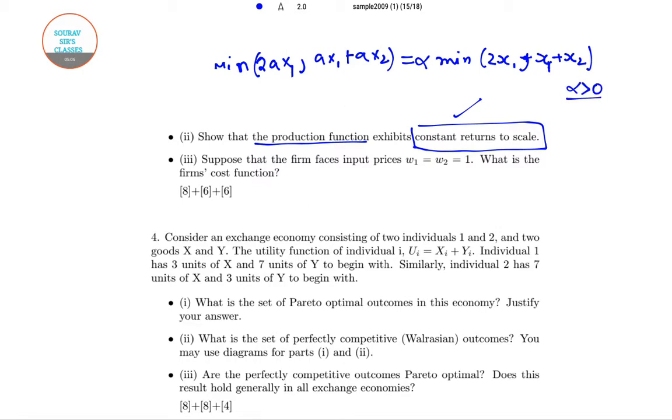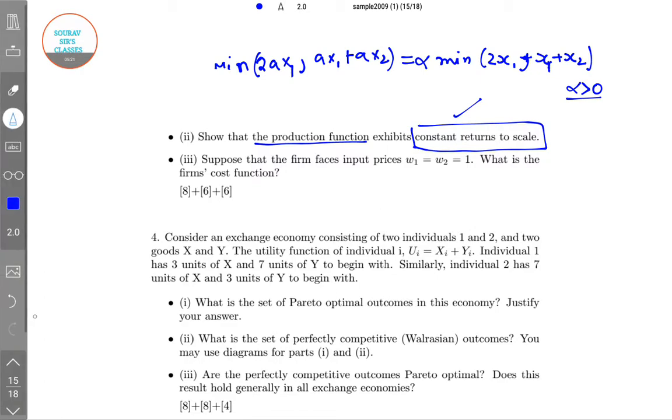Now, how do we show that the minimum of this is this?